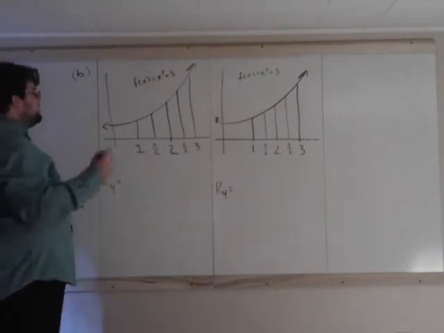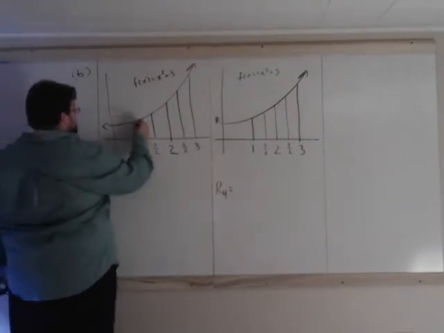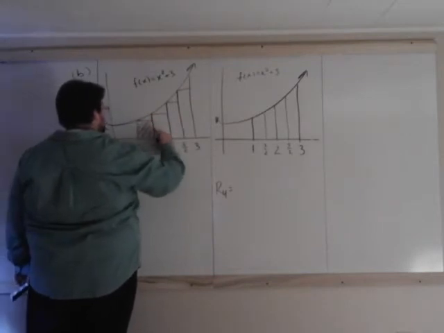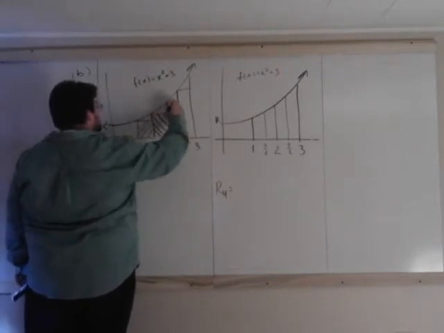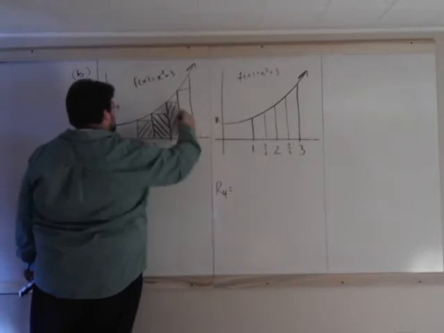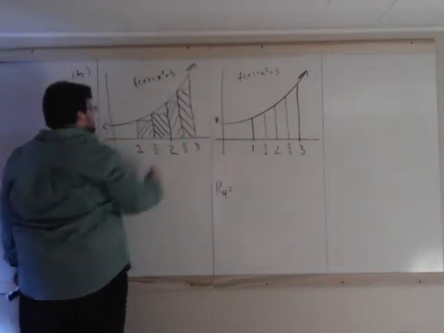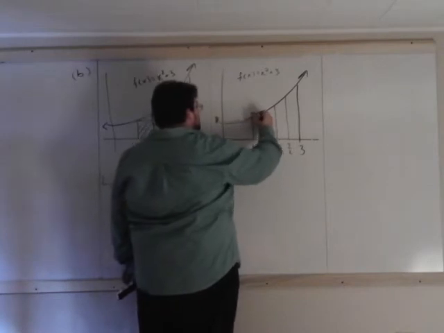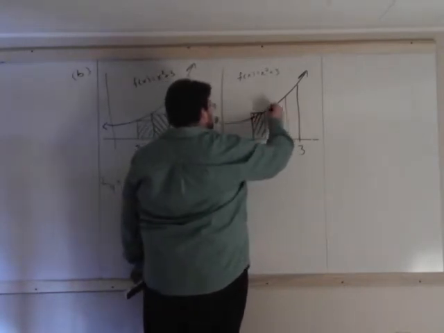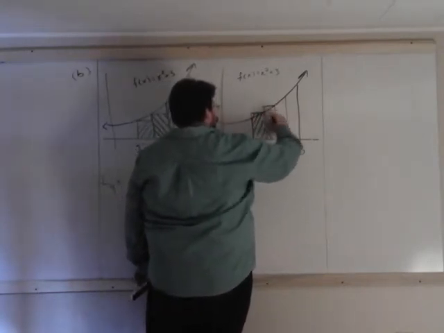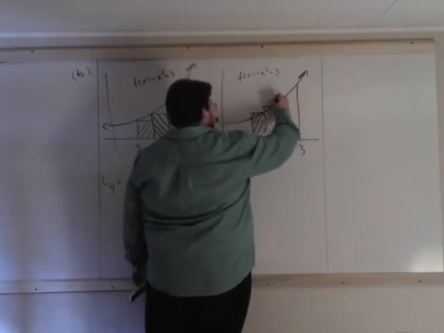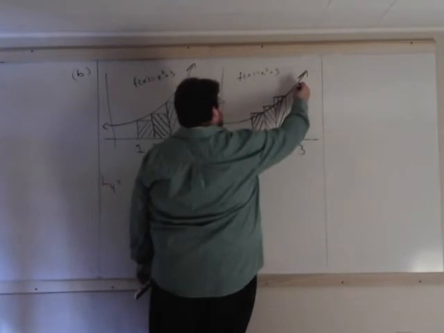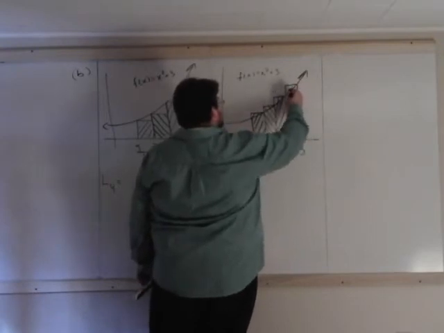Well, now we have this set up, we can form our rectangles. So we formed our rectangles like this. And over here we form them using the right endpoints. Using the right endpoints over here, and using the right endpoints up here.